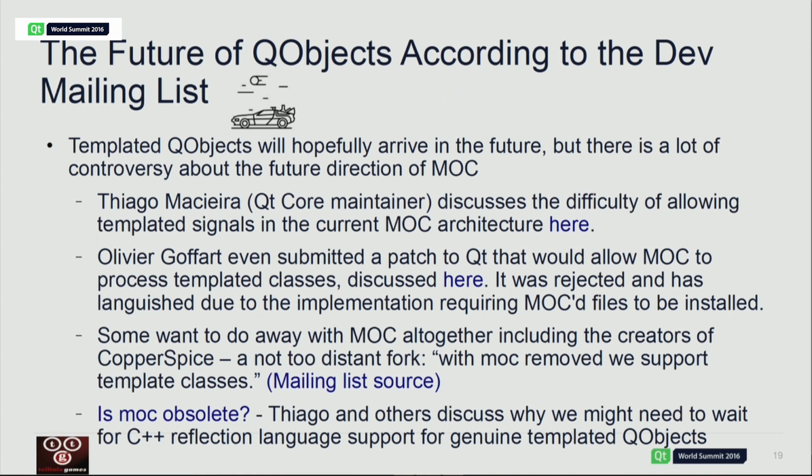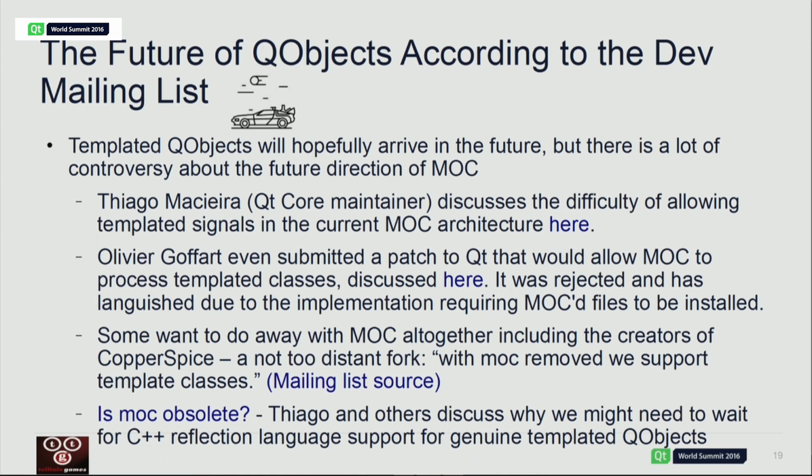Thiago, who's QtCore's maintainer, talks about how it's trickier than you'd think to allow templated signals, templated classes, and basically templated QObjects into the current moc architecture, and there's a link to that. That being said, Olivier actually did submit a patch to Qt that would allow moc to process templated classes. There's a giant thread on that that I've linked here.